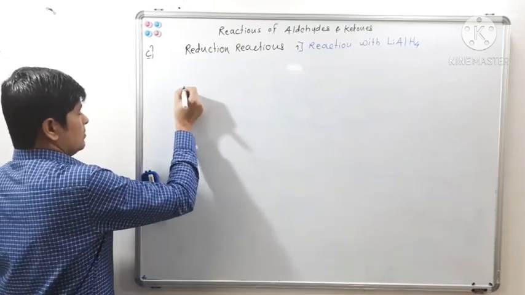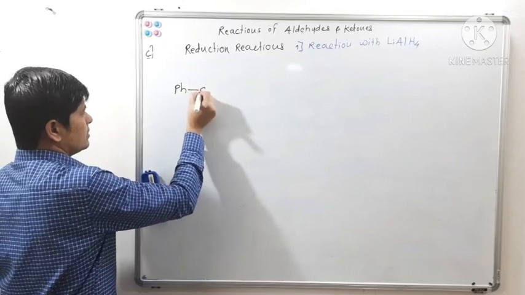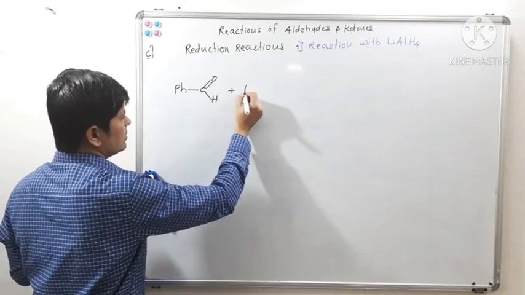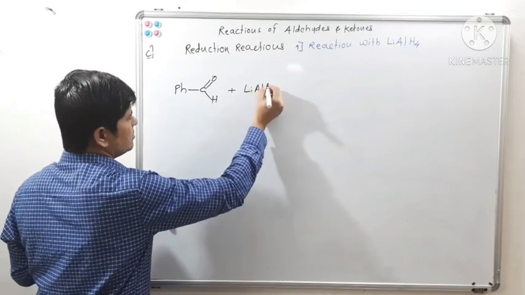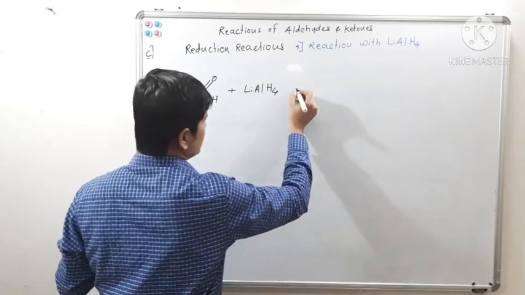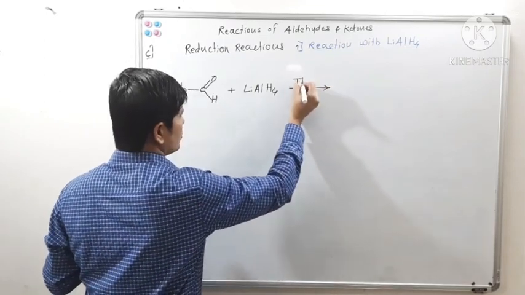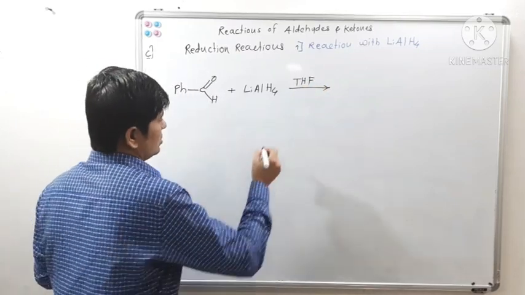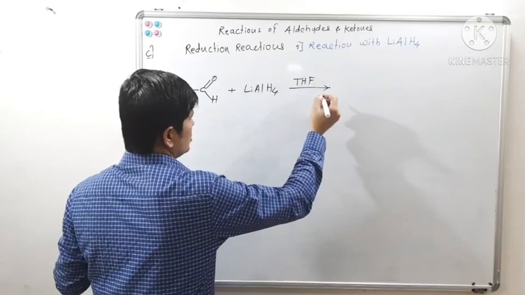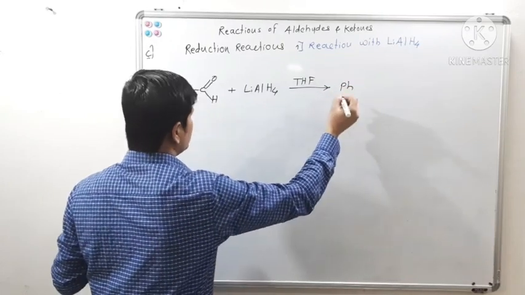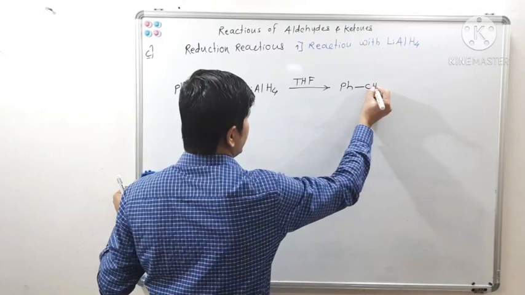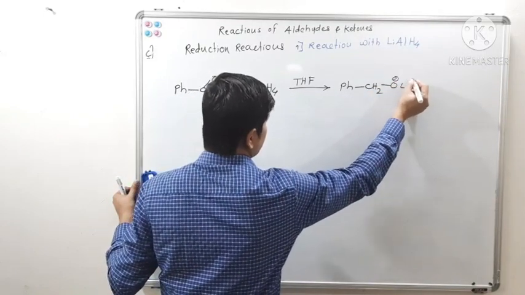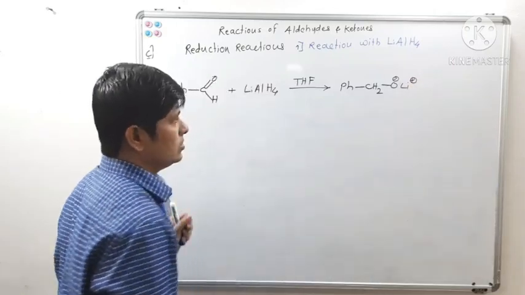For example, if we react benzaldehyde with lithium aluminum hydride in a dry solvent like THF, tetrahydrofuran, what you will get in the first step is PhCH2O- Li+.